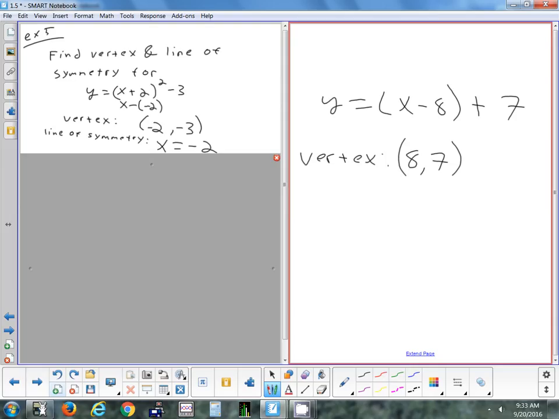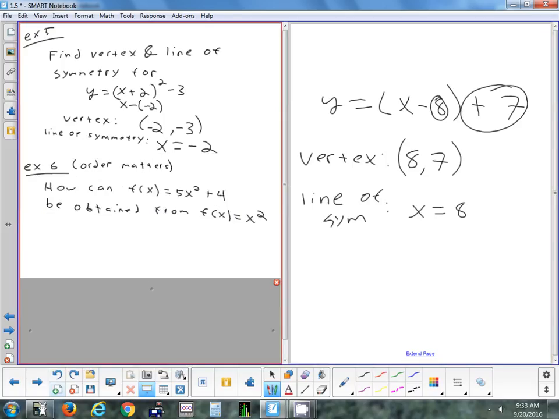Okay, 8, 7. And what about my line of symmetry? Good, I like the 8, but we need something else with it. X equals, right? You have to put it as an equation. X equals 8. And I can make up another one, but anybody want to see another one of those? We have another one we're going to do eventually anyway.